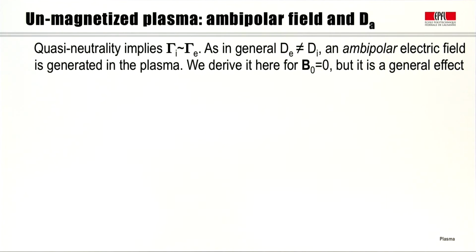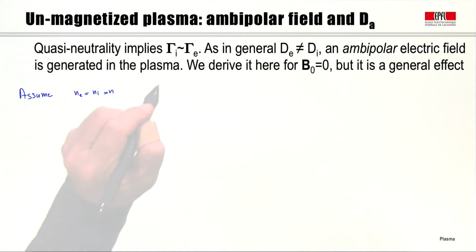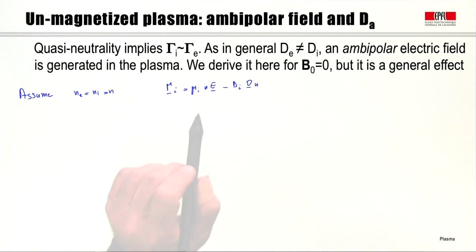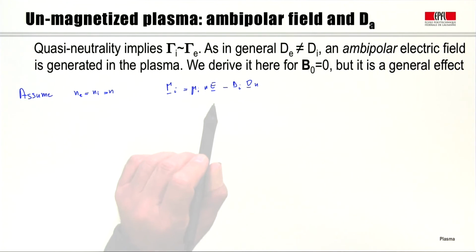This is a general effect, a general property in the plasma. We'll derive it here specifically for the case of unmagnetized plasmas, or B0 equals 0, because it's simpler. So we assume equal densities again for ions and electrons. We call it N. Let's write the fluxes. For the ions, Gamma_i is the mobility for the ions, mu_i, times N times the electric field.